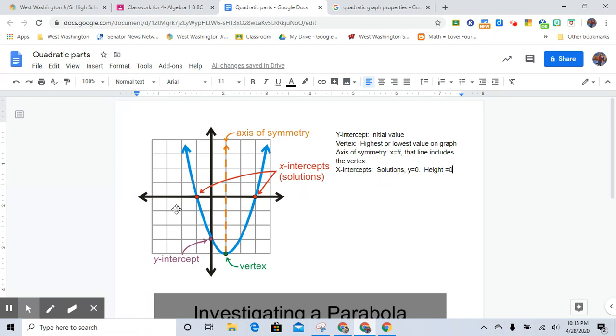Now, it could be other stuff like profit, but when we're talking about trajectories and things, this is where the height is 0. Like if this were the swimming depth of a dolphin, then whenever it is up here at time 3 seconds, then it will be at surface level.